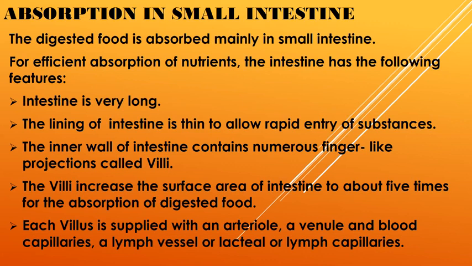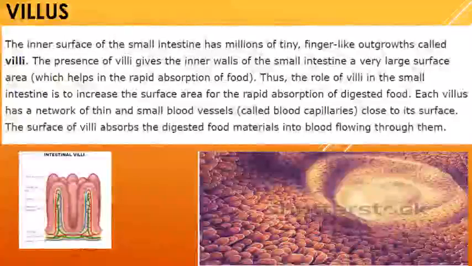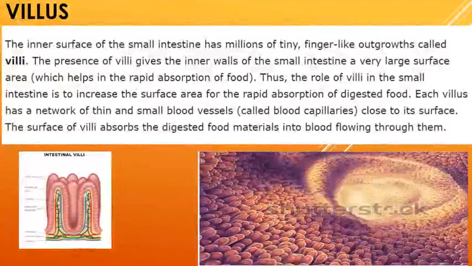Each villus is supplied with an arteriole, a venule, blood capillaries, and a lymph vessel or lacteal. The inner surface of the small intestine has millions of tiny finger-like outgrowths called villi.